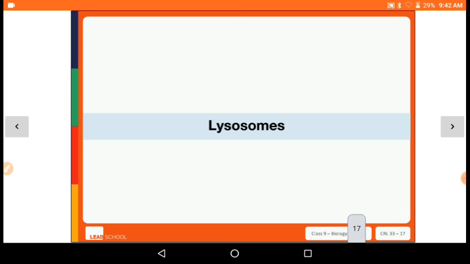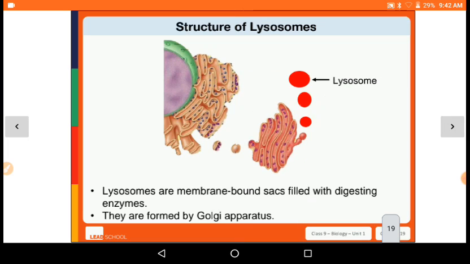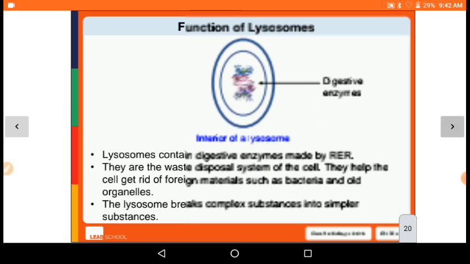So now what is lysosome? Another important organelle is the lysosome. It can be compared to a waste disposal system in the factory because it eliminates worn out substances of the cell. The lysosomes are membrane-bounded sacs filled with digestive enzymes. They are formed by Golgi apparatus.